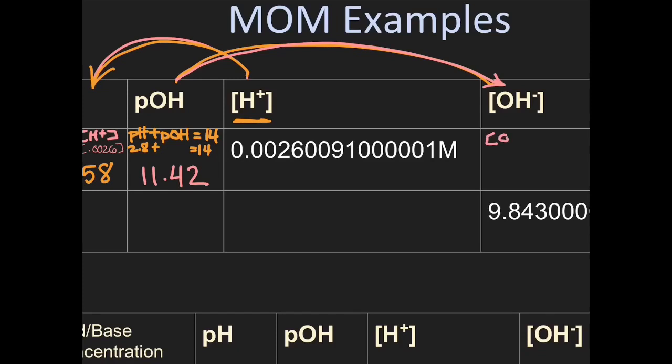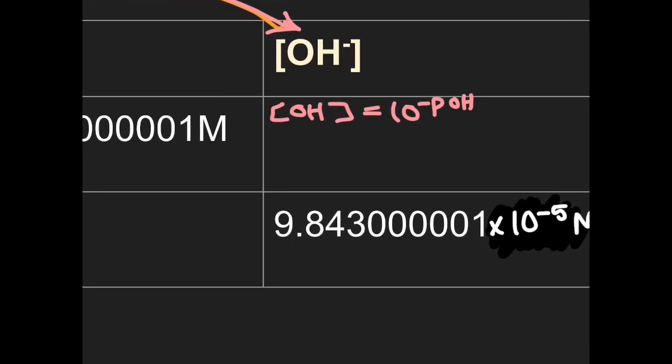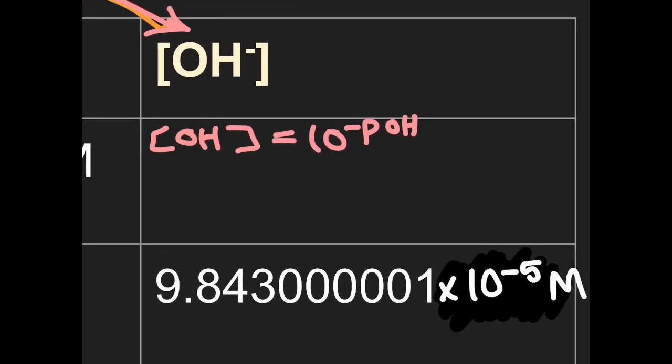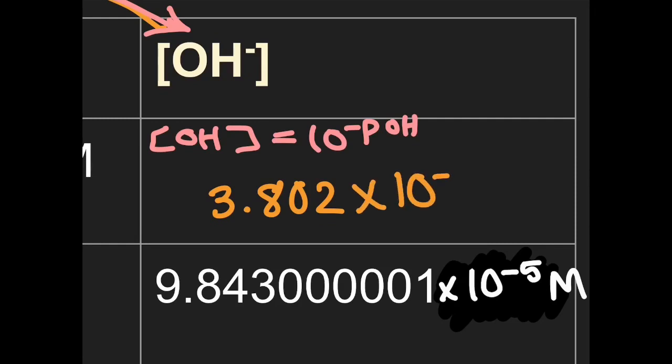We know that to find the concentration, I'm going to do 10 to the negative pOH. Once I type that in my calculator, I get a value of 3.802 times 10 to the negative 5.